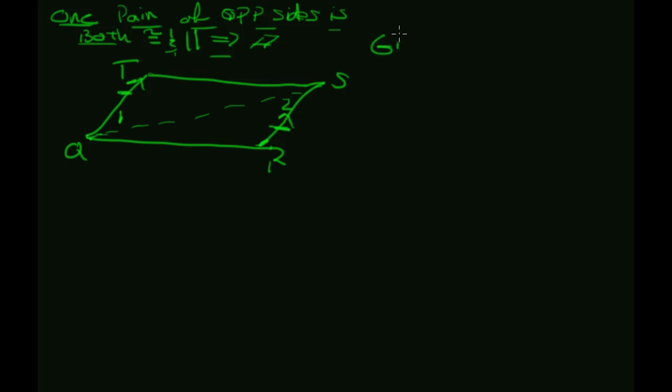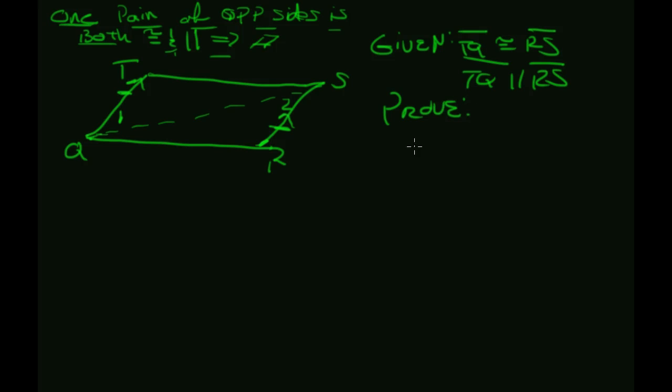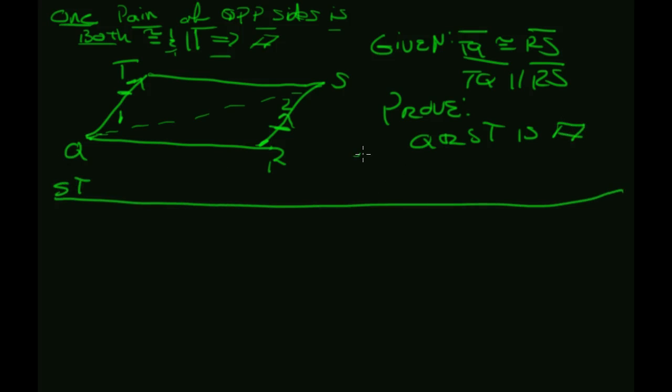So we're going to be given that TQ is congruent to RS and that TQ is parallel to RS. And I want to prove that QRST is a parallelogram. So let's make statements and reasons.